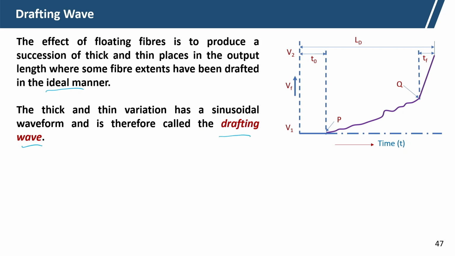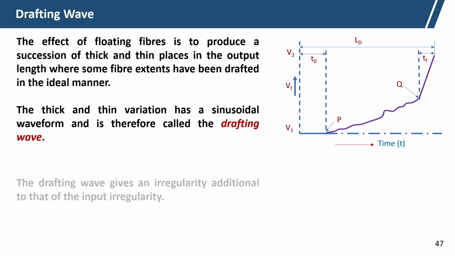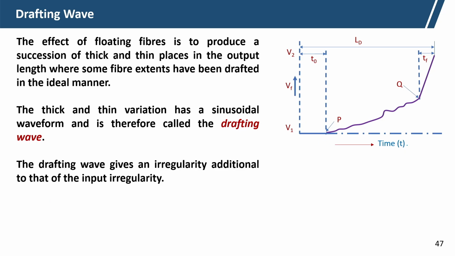Here are the time and the speed of the fiber. V1 is the speed of the back roller, V2 is the speed of the front roller, and the speed gradually increases.